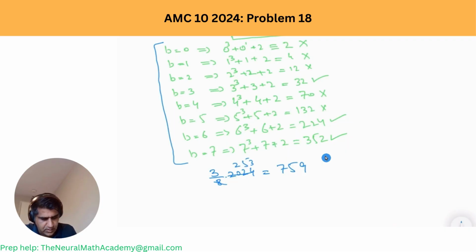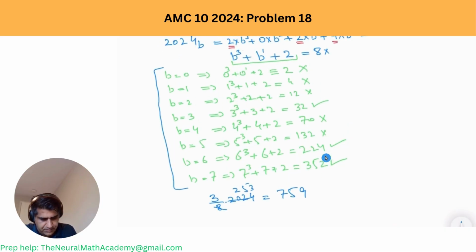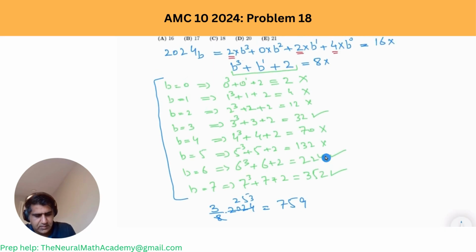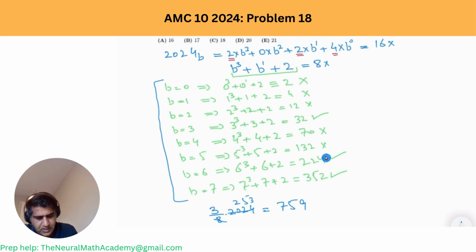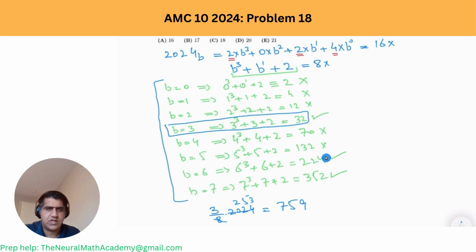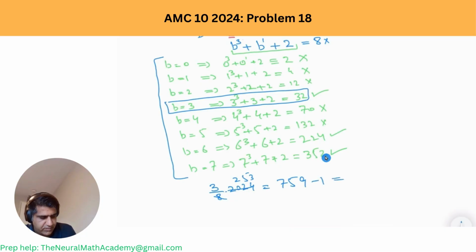However, we should keep in mind one thing, that the range that we are given is b is greater than or equal to 5 and less than 2024. So then we have to subtract one number. That was this case 3, since it doesn't come in this range. So if I subtract, then I get 758.